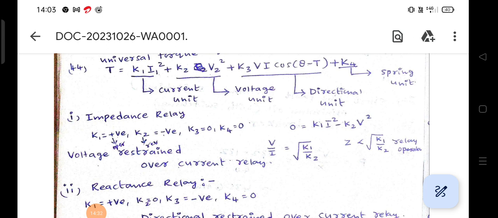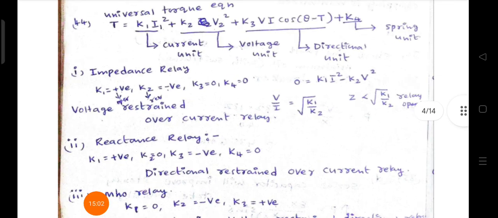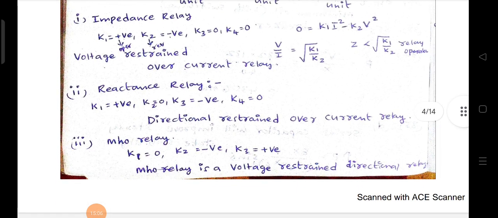Negative indicates the voltage unit, so first you start from negative, that is voltage restrained, then overcurrent. Voltage restrained overcurrent relay, that is the third one. Here he is asking about a reactance relay. In case of an impedance relay, it is a voltage restrained overcurrent relay.